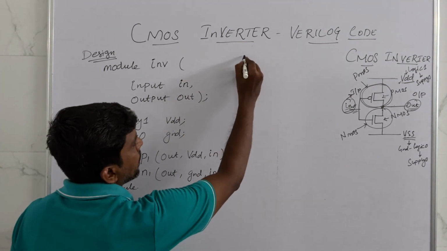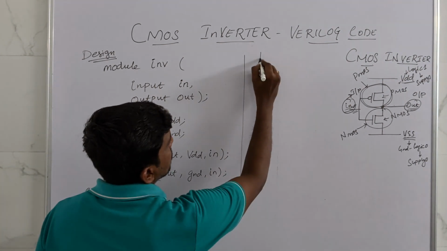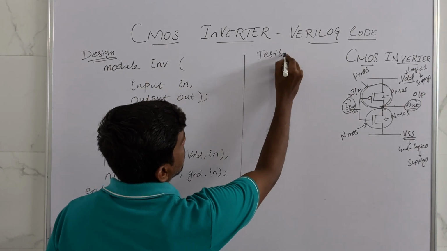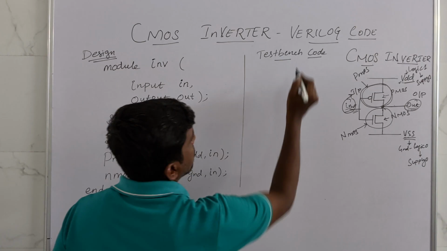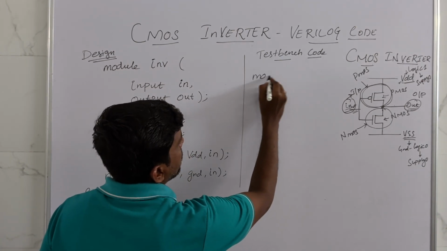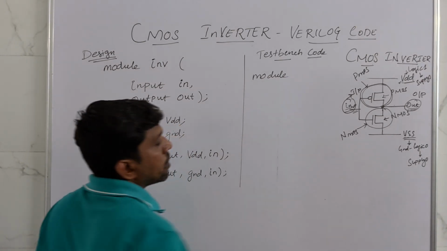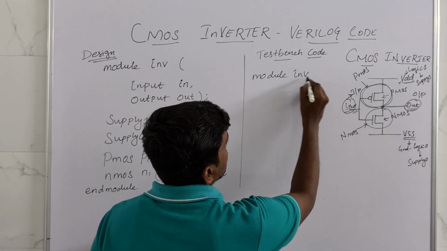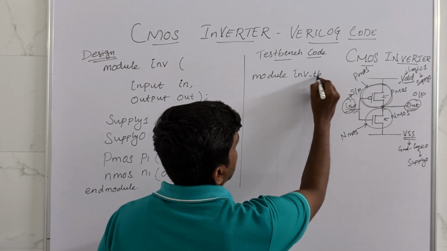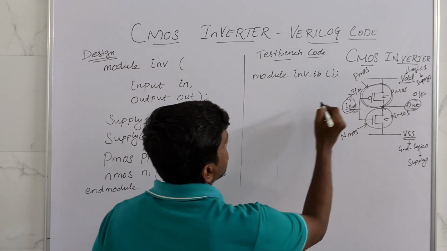Now I am going to write the test bench code. First you write module followed by the module name. The module name is INV underscore TB.